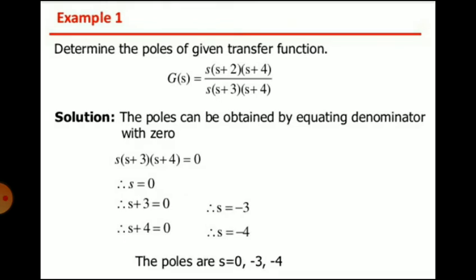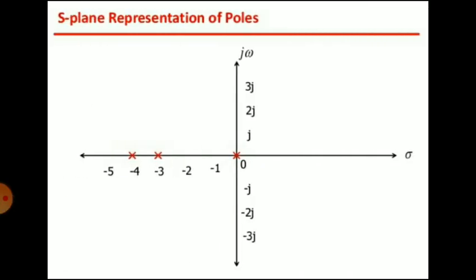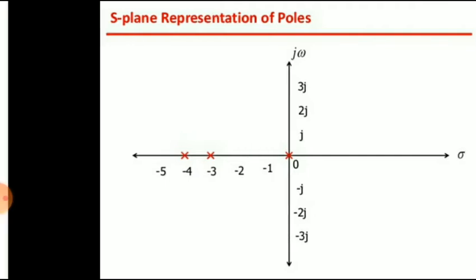Because these poles are 0, minus 3, minus 4, these are real. So you can show them on this real axis, at 0, minus 3, minus 4, by putting a cross. So these poles are indicated by a cross in the s plane.